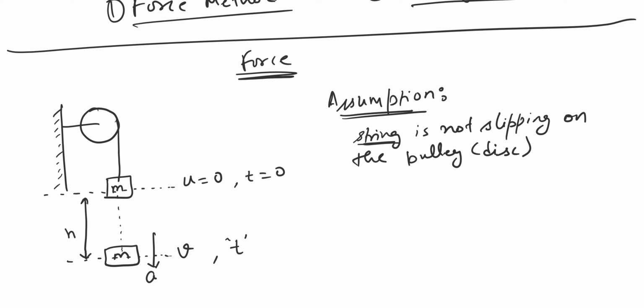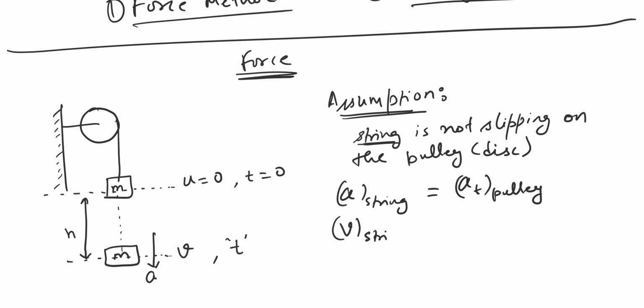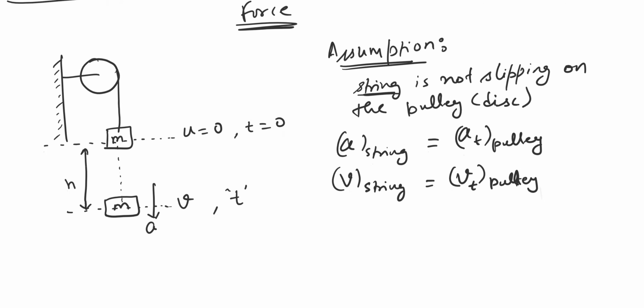That means whatever is the acceleration of the string, this would be the tangential acceleration of the pulley, and whatever is the velocity of the string, that would be the tangential velocity of the pulley.